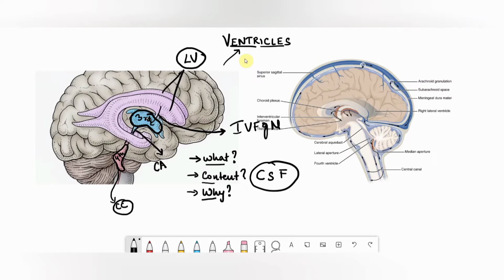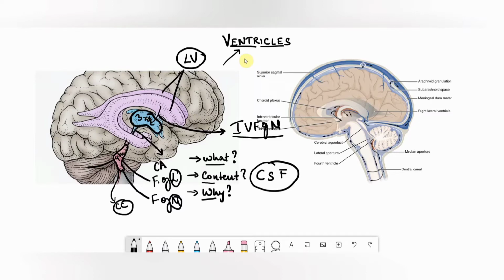Now, from the fourth ventricle, there are 3 exits, 2 lateral exits and 1 medial exit. The 2 lateral exits are called the foramina of Luschka, and the medial exit is called the foramen of Magendie. Now, how do you remember this? L for lateral, L for Luschka. So the 2 lateral foramina are called the foramina of Luschka, and M for medial, M for Magendie.